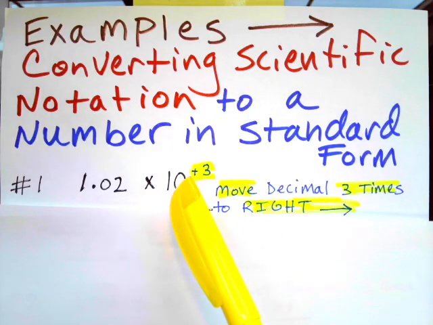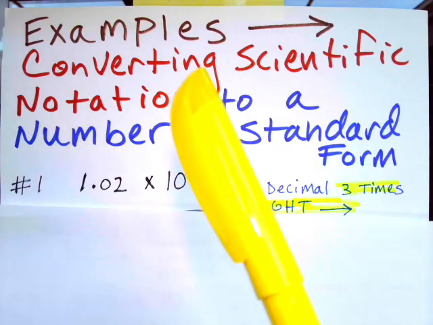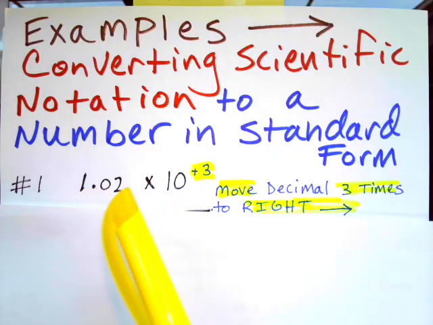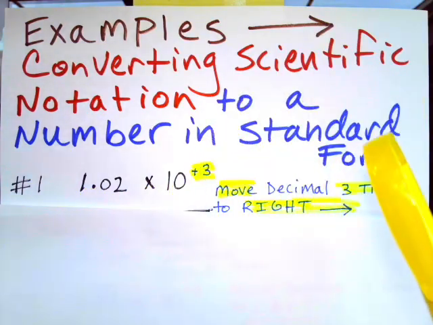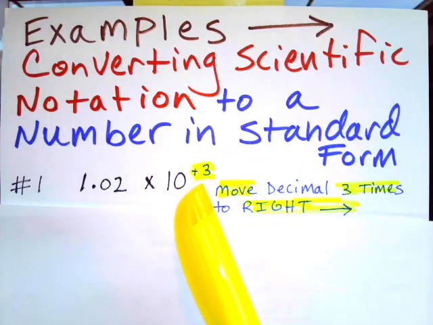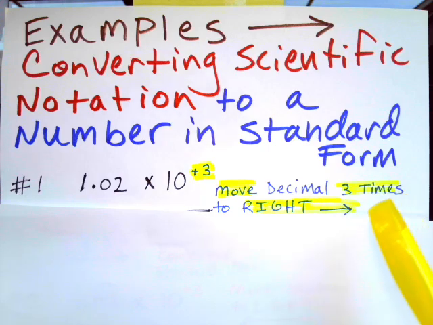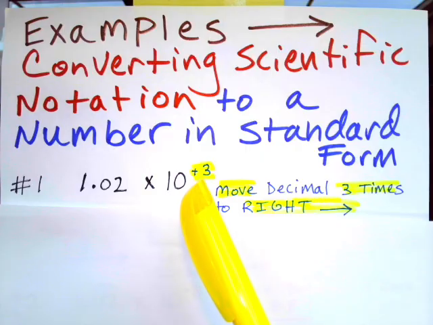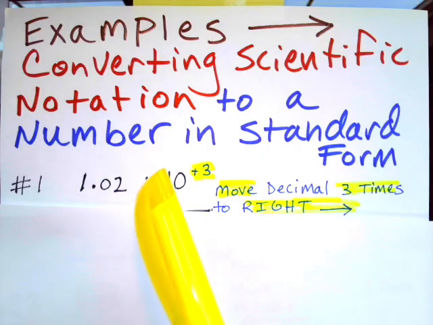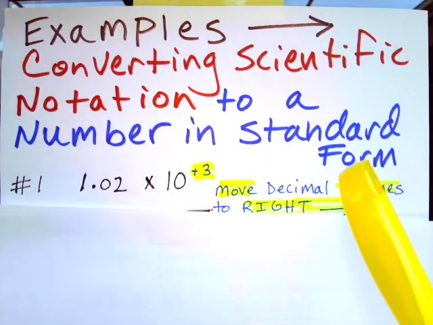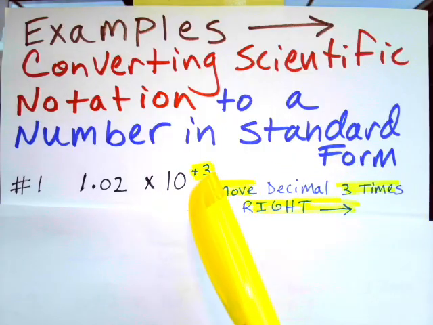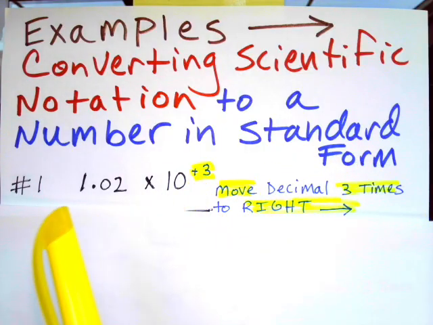The rule is if it's positive in scientific notation and you're moving that decimal to create a normal standard form number, positive 3, or a positive exponent, means move the decimal 3 times to the right. If it was a negative exponent, and we're converting scientific notation back into a regular standard form number, and it was a negative 3, you'd move it the other direction, to the left. Those are the rules. So let's take a look at a couple examples.